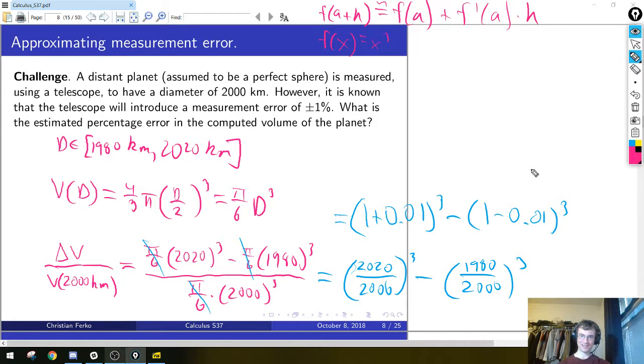Okay. Trying to remember. So we're going to have that for f of x equaling x cubed, we're going to have about 1 plus 3x. Excuse me. Lots of loud noises at once.